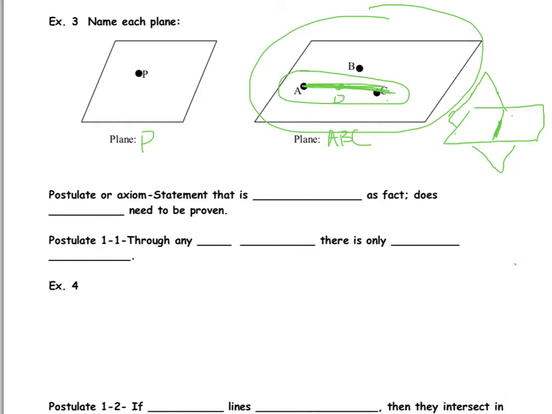If you said to somebody, hey, plane ADC, they wouldn't know which one you're talking about. So that's why they have to be non-collinear. So you can't have that situation. I'll demonstrate better in class, but maybe for you visual people, you could get a grasp on that.